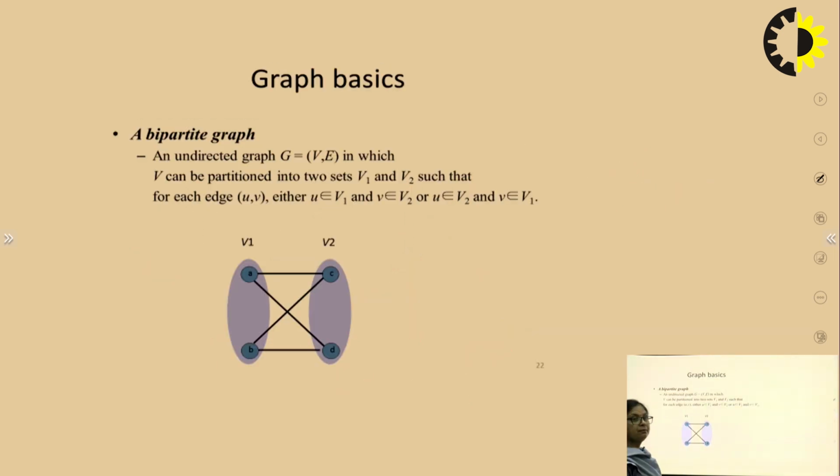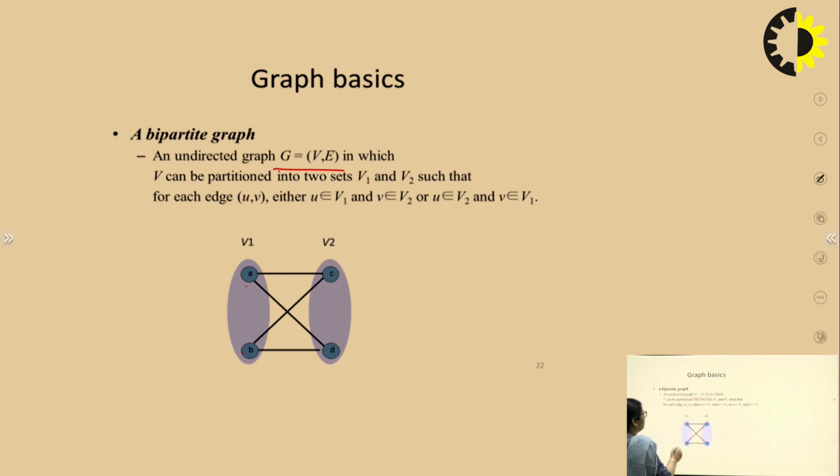Bipartite graph. Let us consider this undirected graph G with vertices V and edges E. So let us see this particular graph. This graph has 1, 2, 3, 4 vertices.